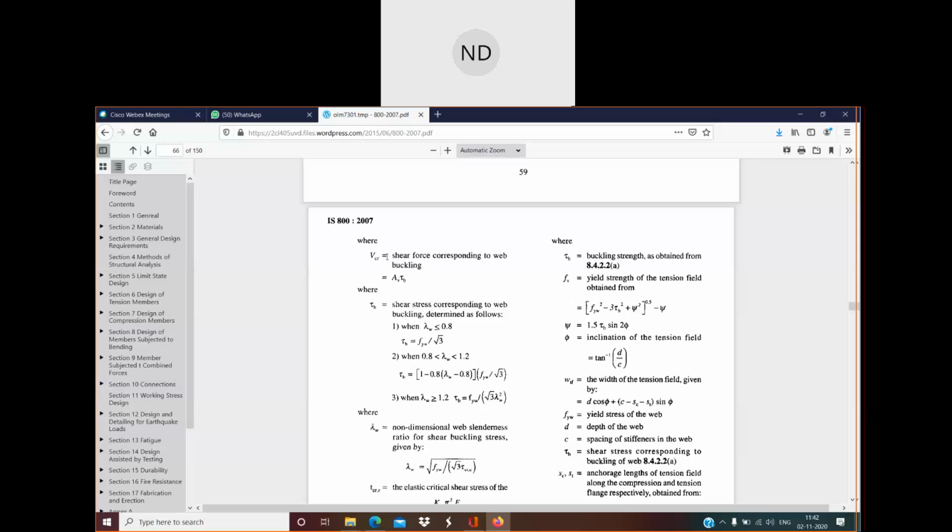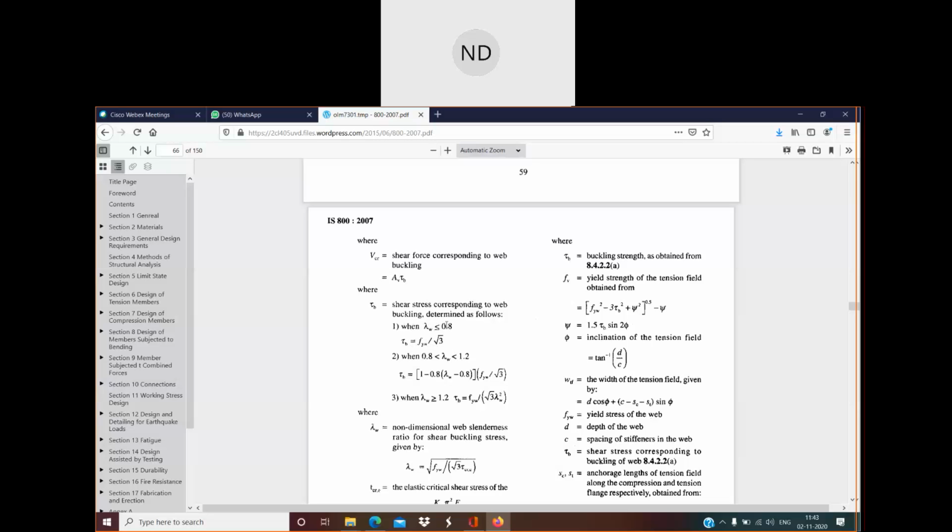To find out the shear force corresponding to web buckling, VCR, you have to know what tau b is. Tau b is the shear stress corresponding to web buckling, determined as follows. Your formula to find tau b is based upon the lambda w value.